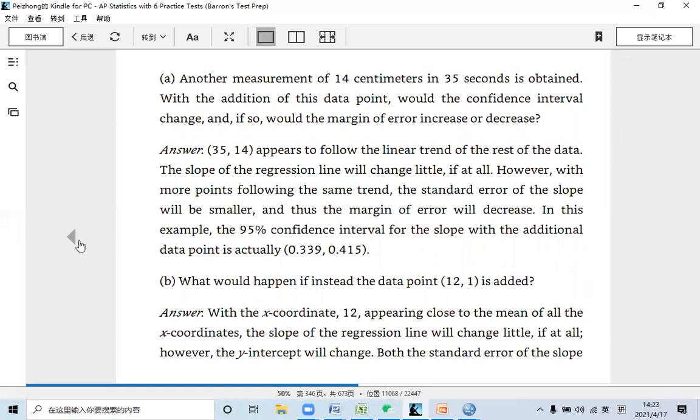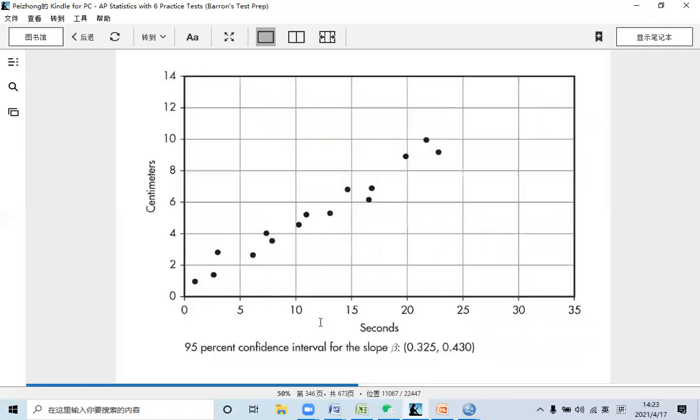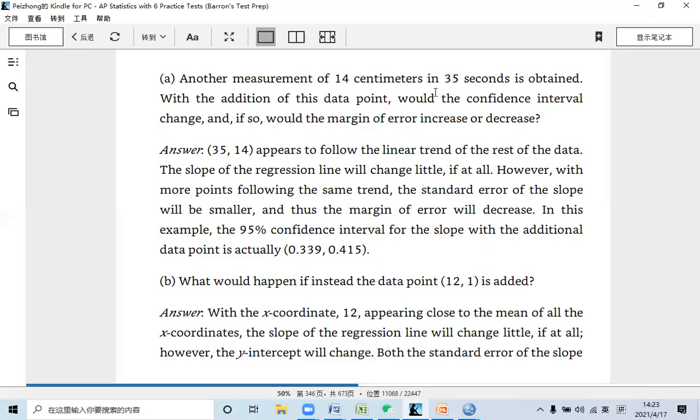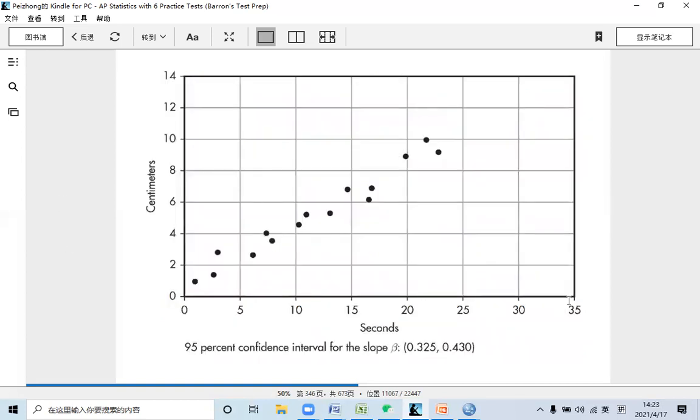14, 35. So we got one data point, 14. Where's 14? Here's 14. 14 centimeters, 35 seconds. 35 seconds here.